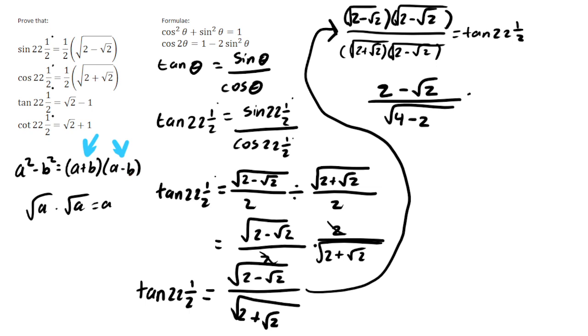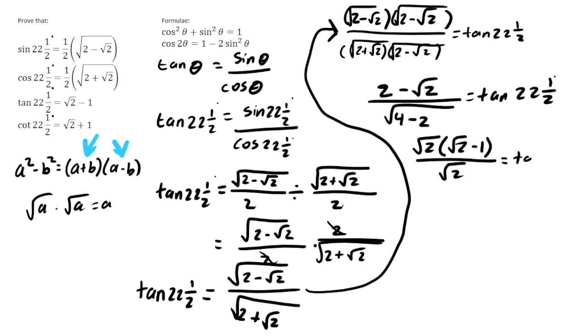And this is all equal to tan 22.5. So we can simplify this to root 2 multiplied by root 2 minus 1 divided by root 2. And if we just cancel these out, we get tan 22.5 is equal to root 2 minus 1.